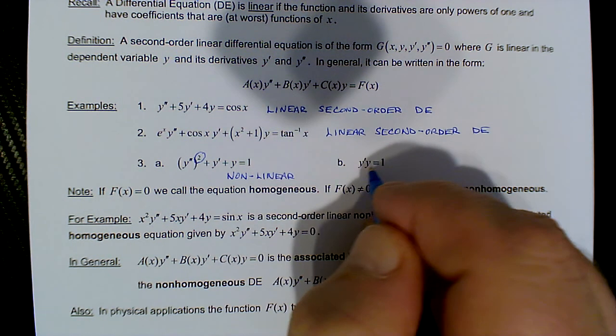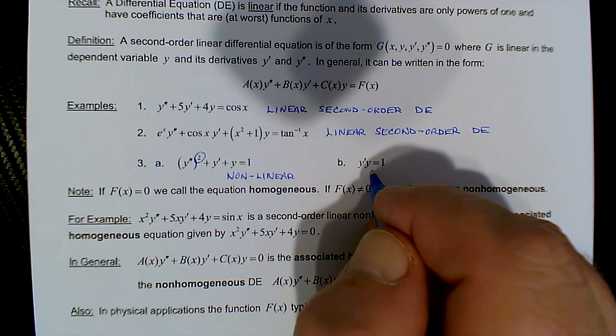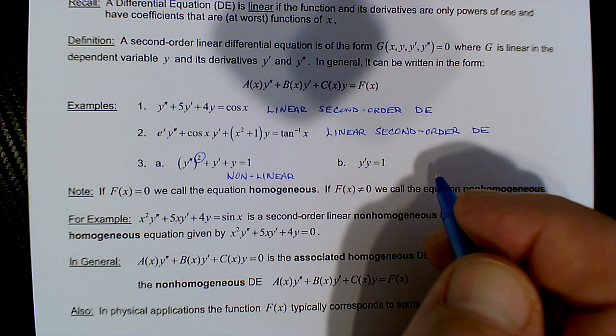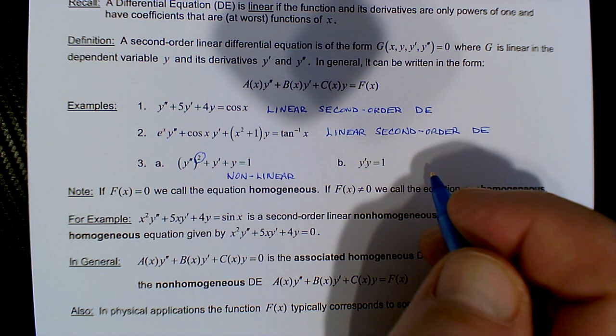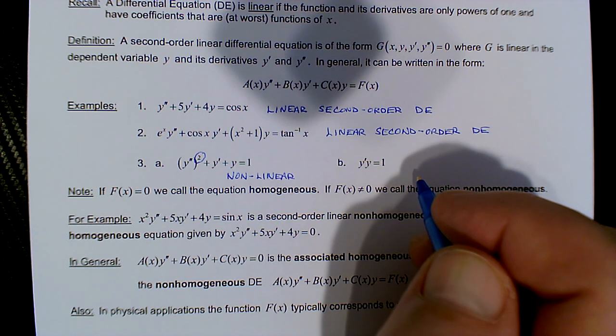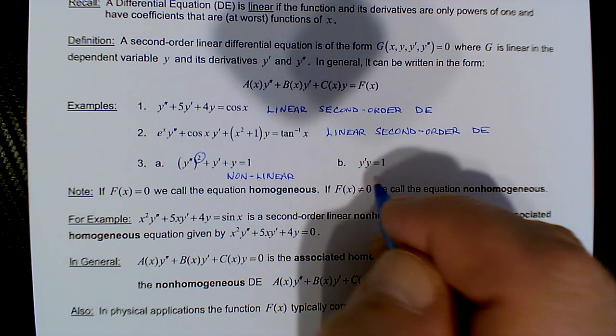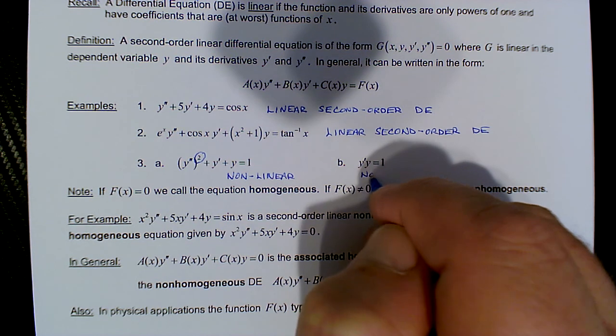And the second one is nonlinear because of the part of the definition that said they have coefficients that are at worst functions of x. So here we have, if you consider either y or y prime as the primary factor in the term, its coefficient is not just a function of x. So therefore, it's nonlinear.